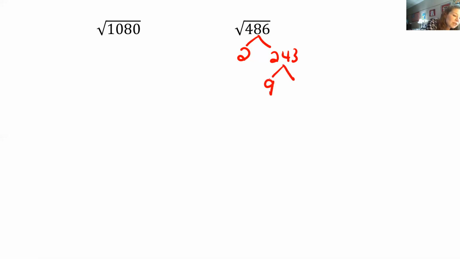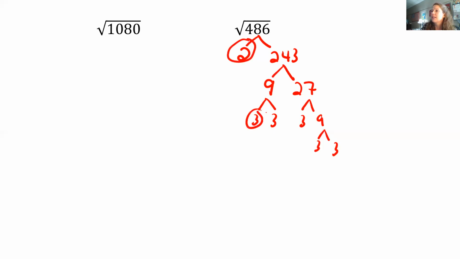So 243 divided by 9 is 27. So we have 3 times 3. This is 3 times 9, and this is 3 times 3. So we have a 2, 3, 3, 3, 3, and 3.